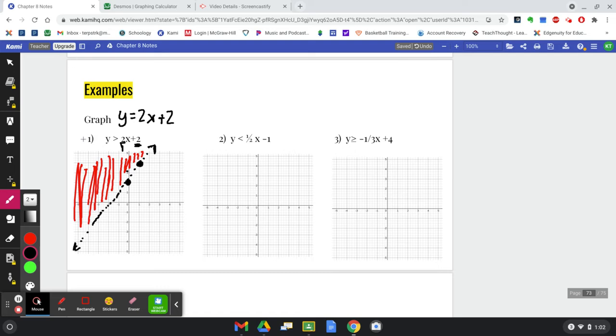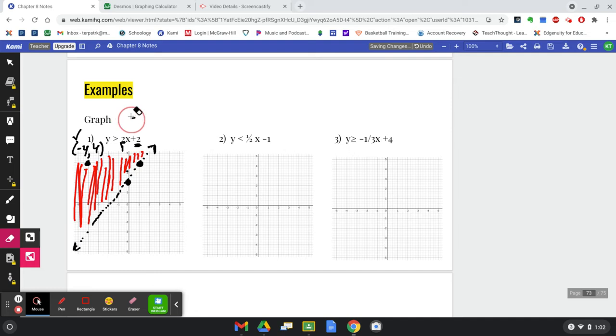So for example, this point right here looks like it's at -4 for x, 1, 2, 3, +4 for y. Since it's in the shaded region, this would be a solution to this inequality. And what that means is that it creates a true statement. So if I plug a 4 in for y, I'm first going to erase this out of here.